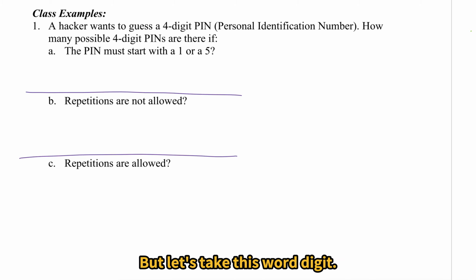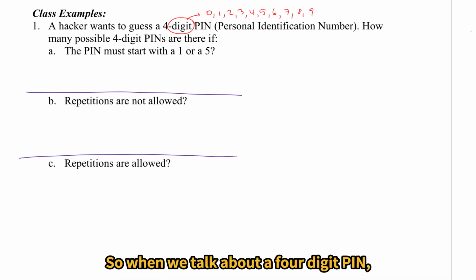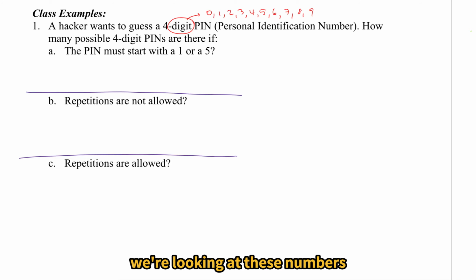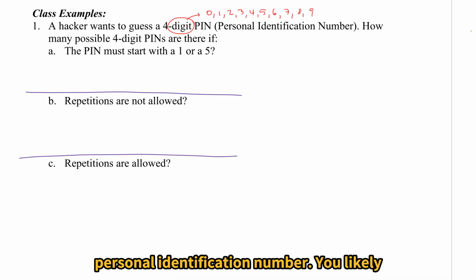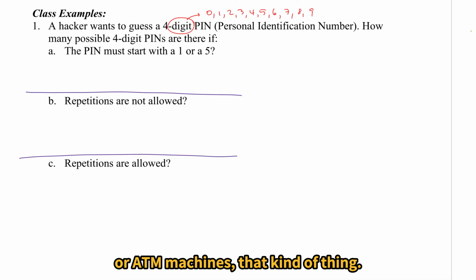But let's take this word digit. A digit is one of the single numbers 0 through 9. So when we talk about a 4-digit pin, we're looking at these numbers and taking 4 of them as our personal identification number. You likely have this for credit cards or debit cards or ATM machines, that kind of thing.